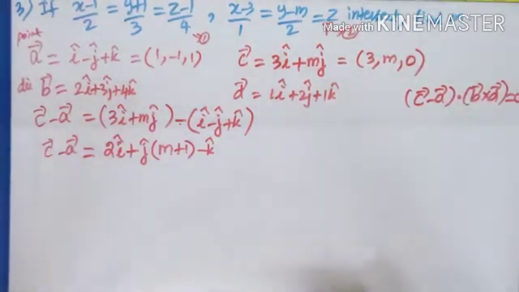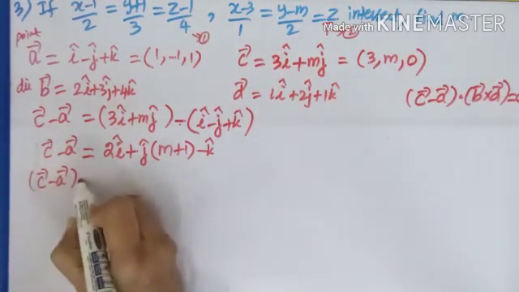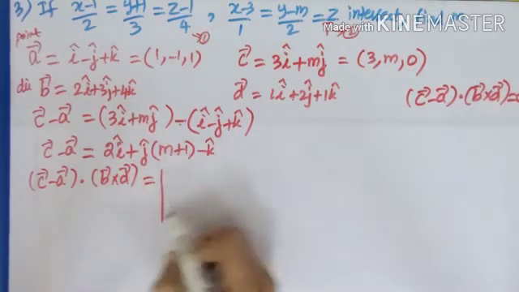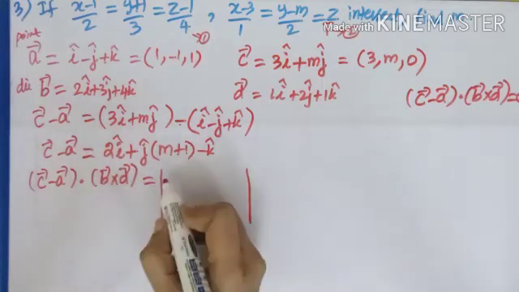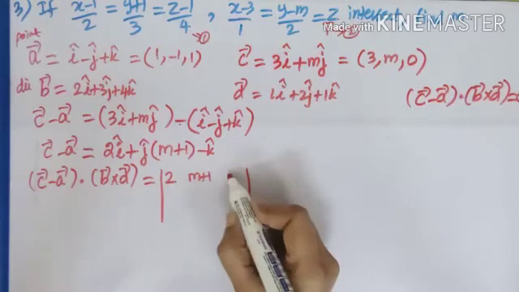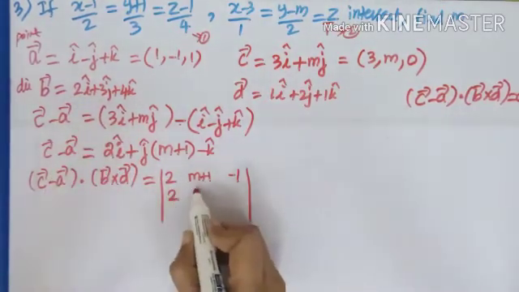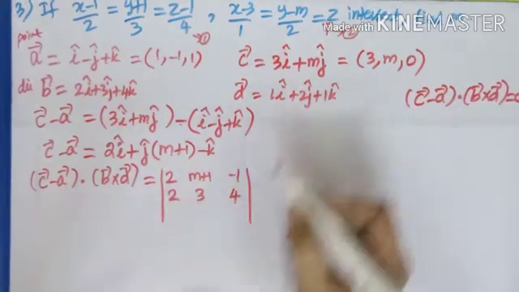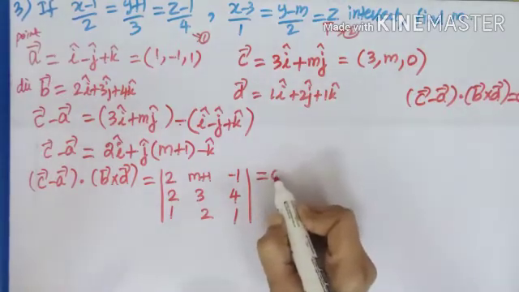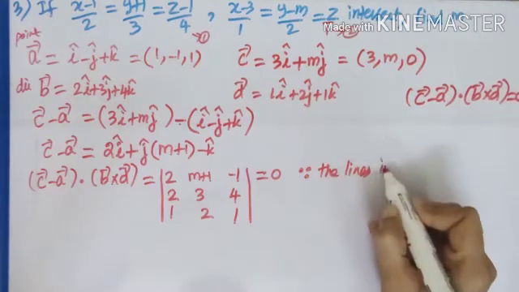I want to find out the dot product with B cross D. So C minus A dot B cross D. I can say C minus A, it is 2, J value m plus 1 and K is minus 1. B components 2, 3, 4. D components 1, 2, 1 and equal to 0 since the lines intersect.